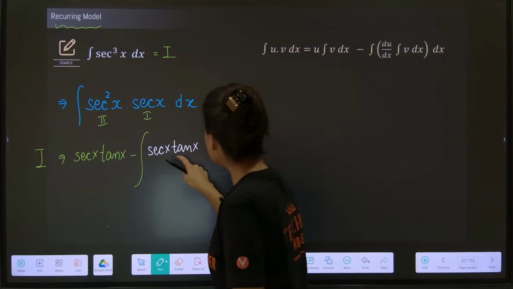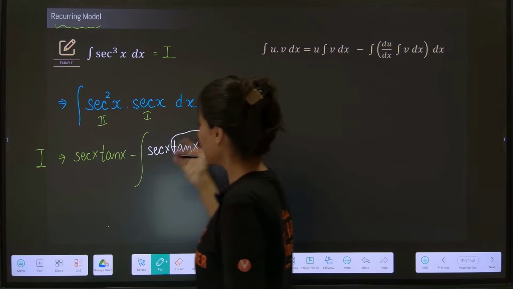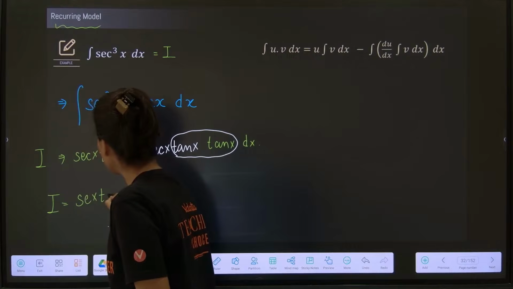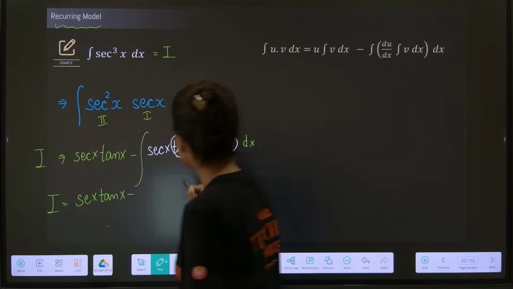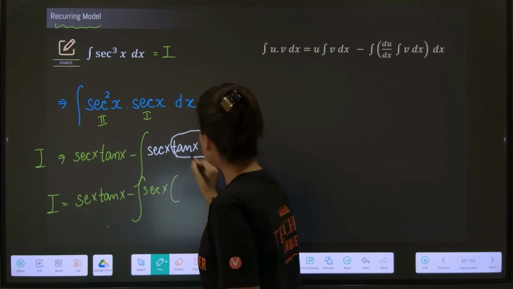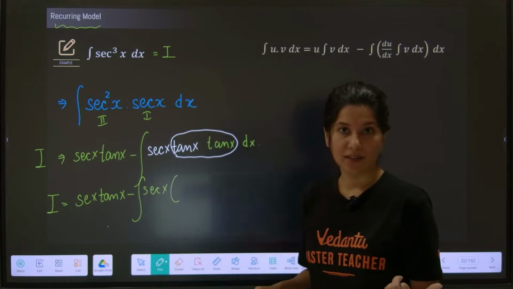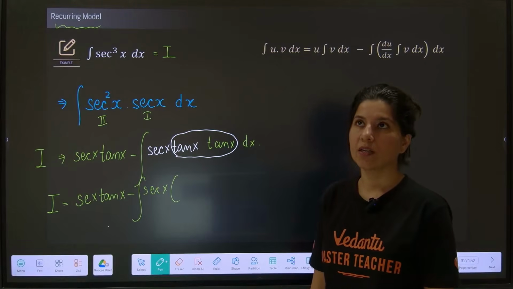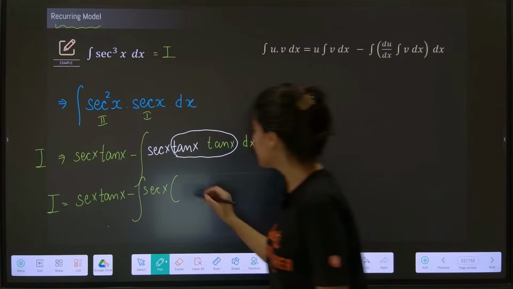Alright. Now this is what? Tan square x. Can we do something about it? So this is sec x tan x minus this is sec x and tan square x. What is tan square x? Sec square x minus 1.